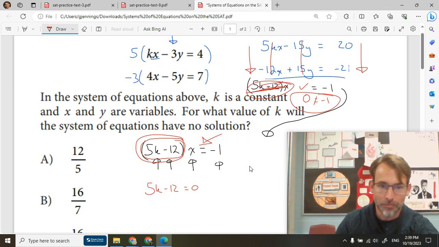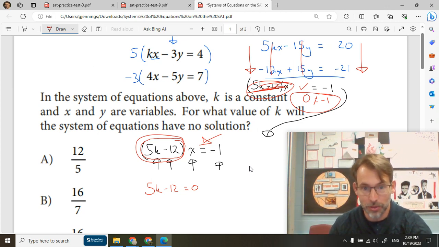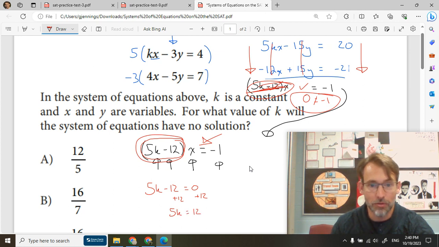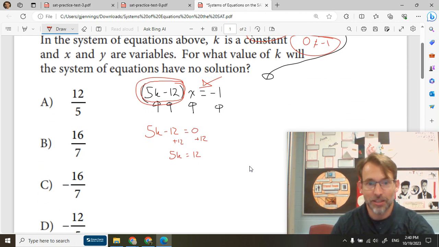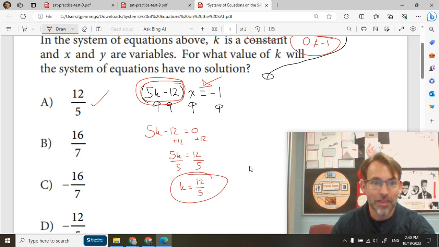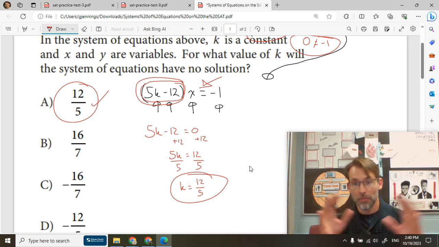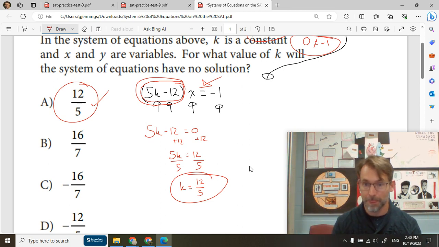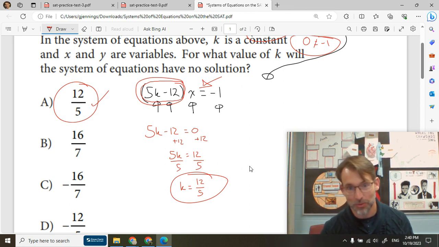So if 5k minus 12 must equal 0, then we can add 12 to both sides to get 5k equals 12, and then divide both sides by 5, and you see it over there, right? You see the answer, right? So k is equal to 12 over 5. There. That is the number that will make the lines parallel.